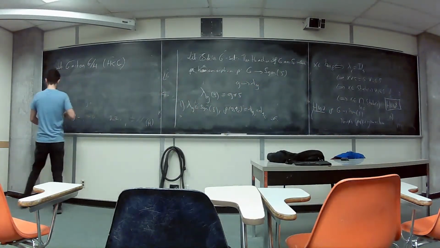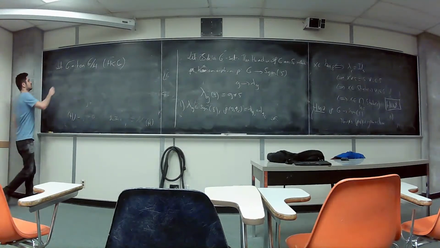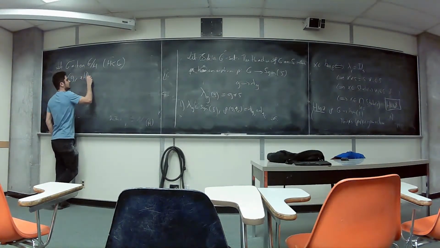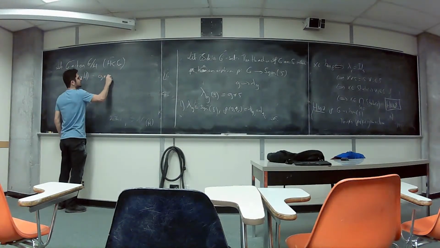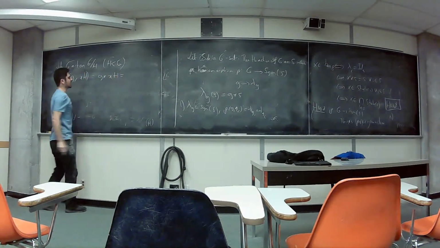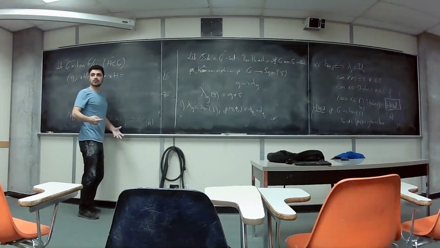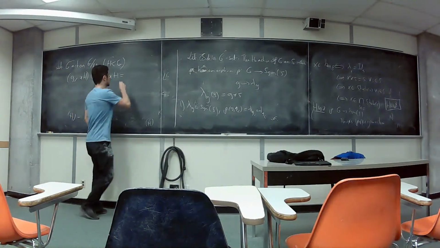So let G act on G mod H. What is the action of G on G mod H? g sends xH to g star xH. How do I define it to be? Everyone, what is it? gxH. Very good.